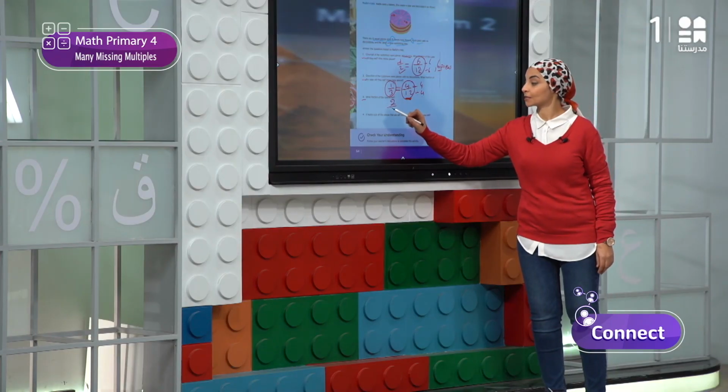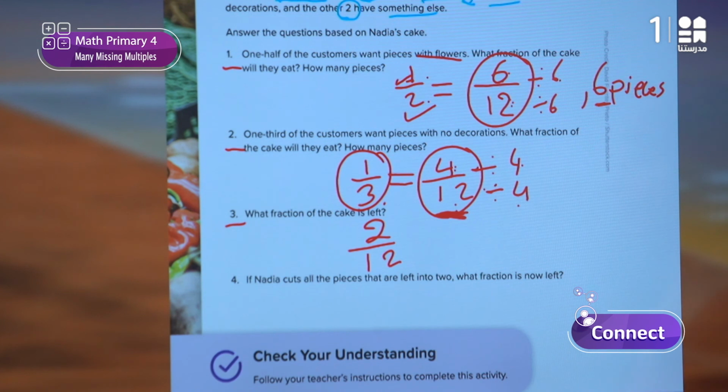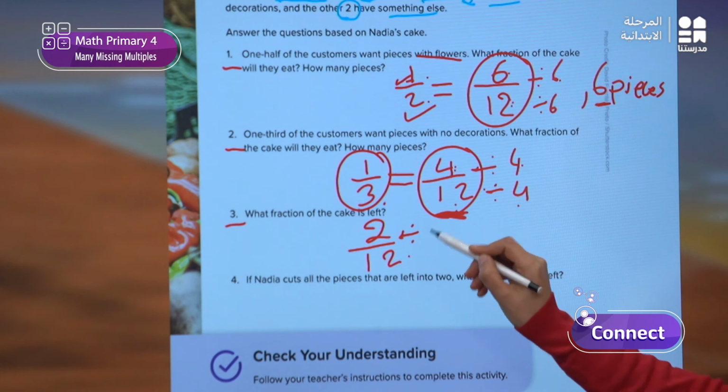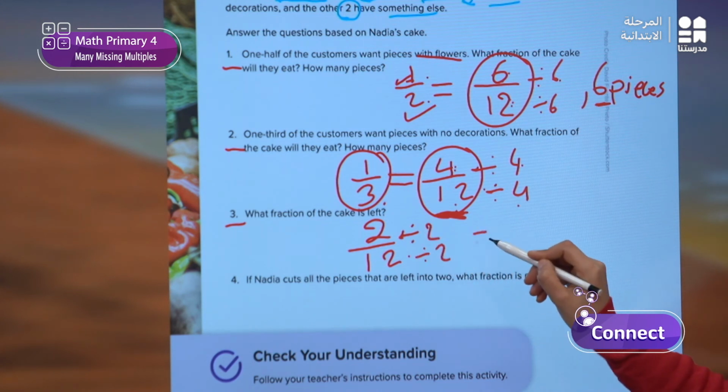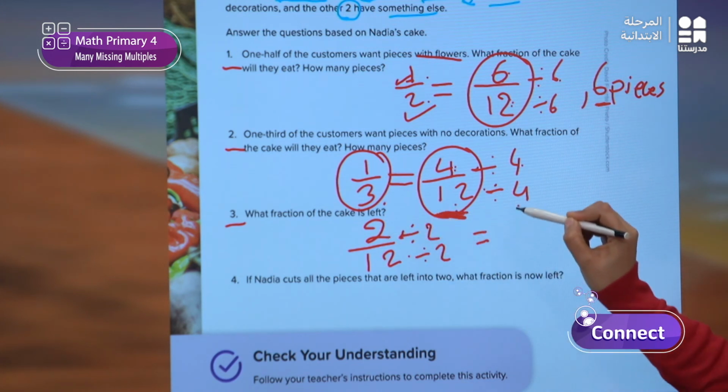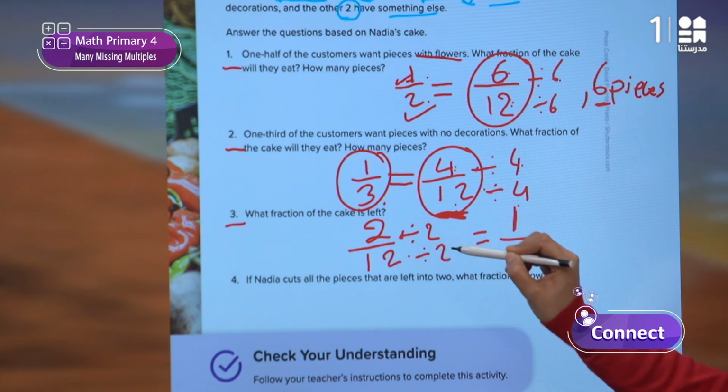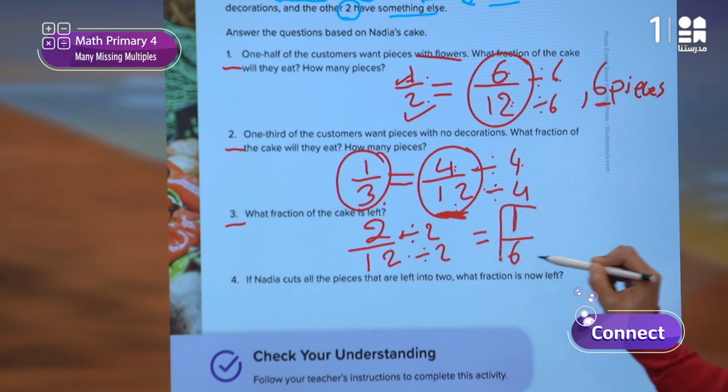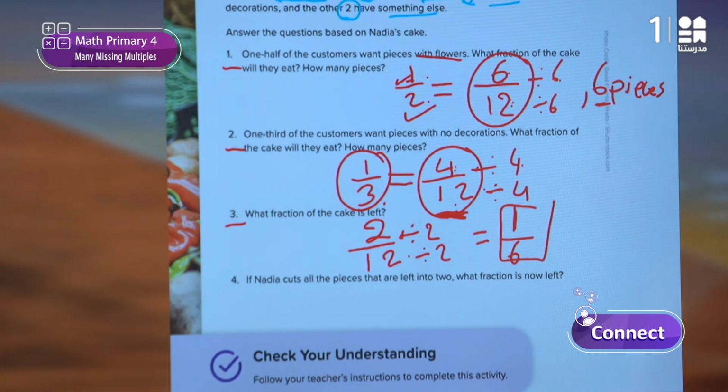So left is 2 pieces out of 12. I'm sure you all noticed that 2 is a factor of 12. So I can divide both numbers by 2 up and down. If I divide 2 by 2 it gives me 1, and if I divide 12 by 2 it gives me 6. So the fraction is 1 over 6.